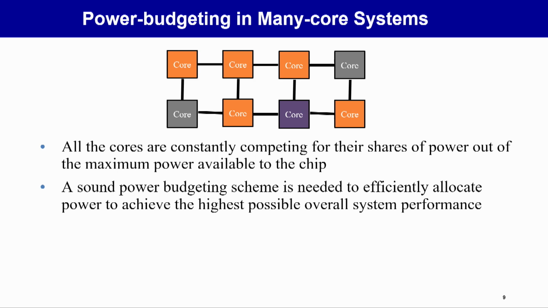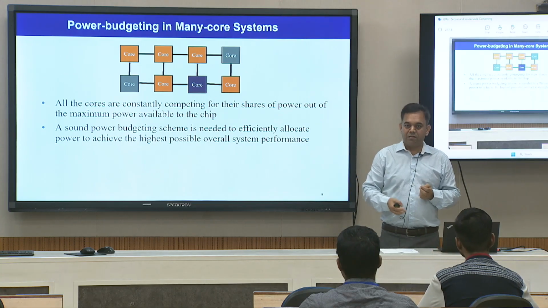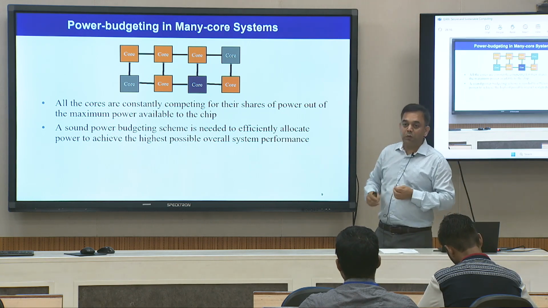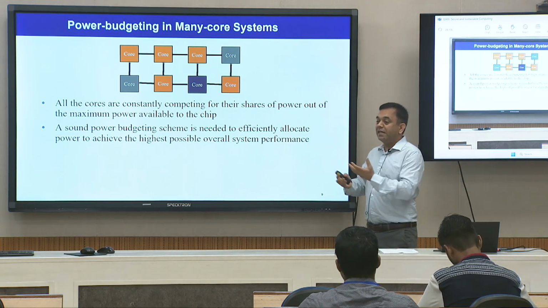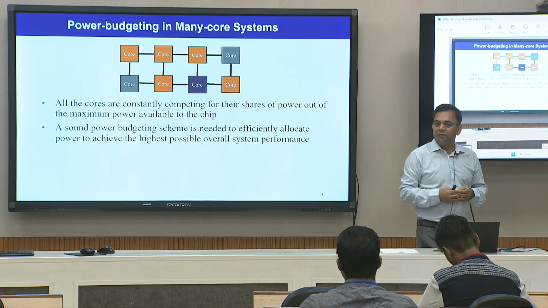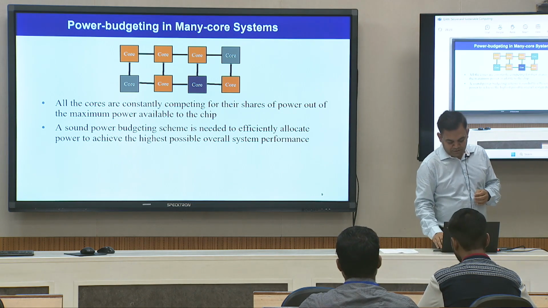Even if a core is requesting 2 watt, it might not get 2 watt. It might get even less, because other cores are going to give better performance overall. So this is power budgeting.